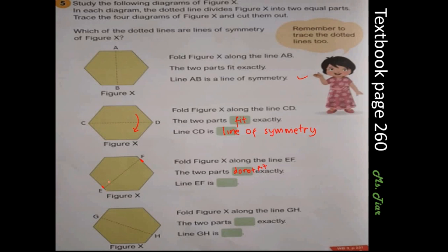Line EF is not a line of symmetry. The next one, we have lines G and F. Oh, I want to know your answer. You find out, and I'm going to check later when you submit your work.